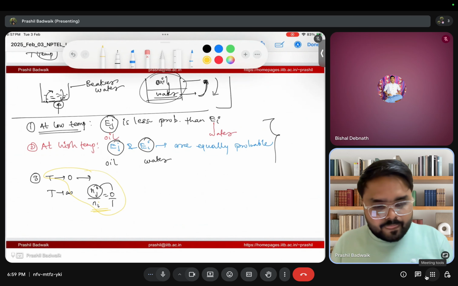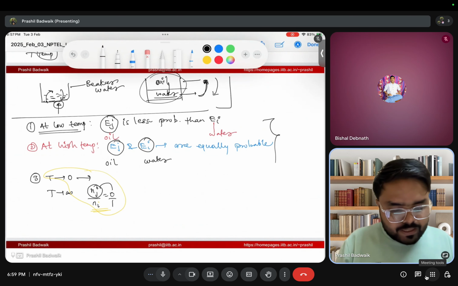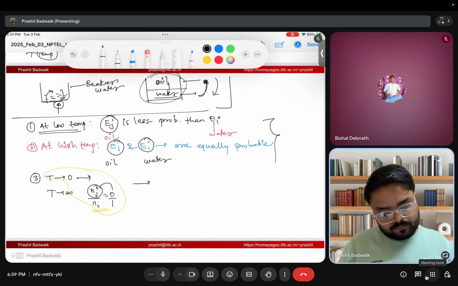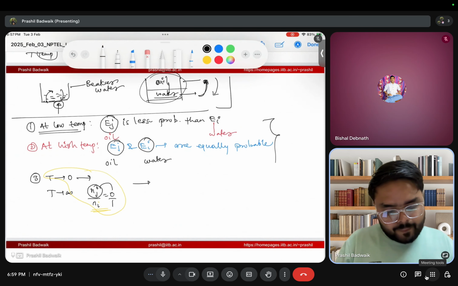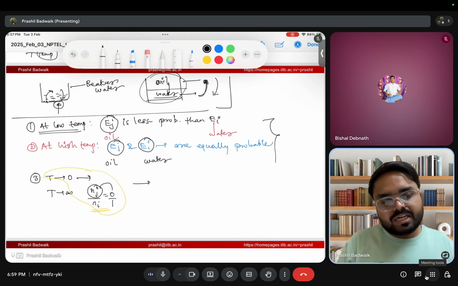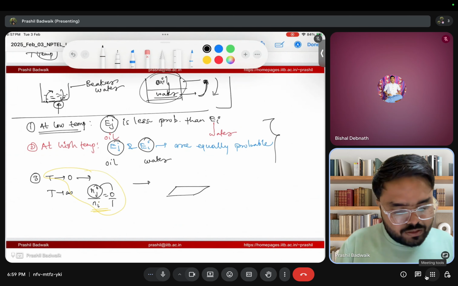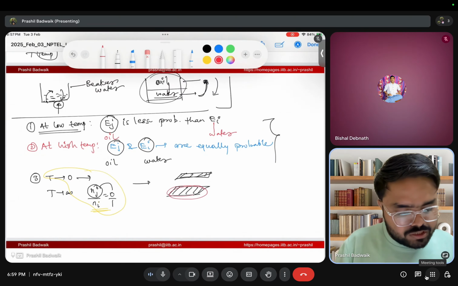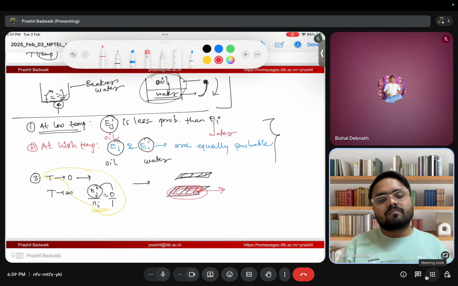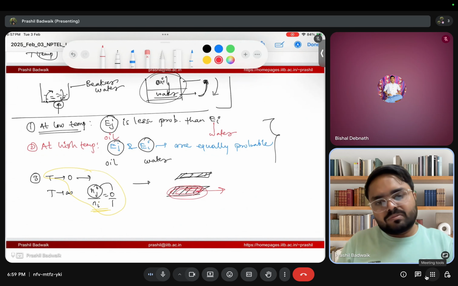Again, to give you an analogy, Ni will be equal to 1, Nj is equal to 0. That means all the molecules will stay in the ground state. So for example, this is my ground state and this is my first state. All the molecules will stay in this energy state. Correct. The probability of going into the other state is not possible.